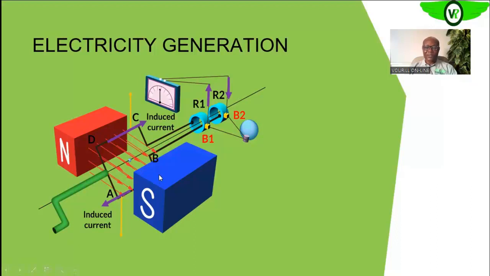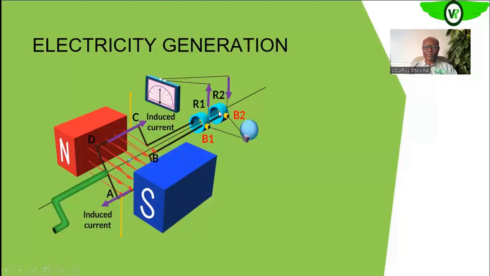Then the next, like we said, is the armature, the conductor. This is the conductor, as you can see. So the conductor CDAB is connected to these two slip rings.